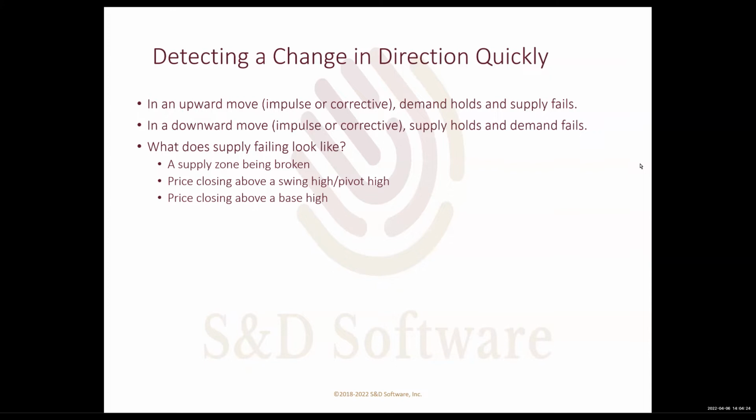And that supply and demand is working together to trap price within the base. But eventually we get a leg out. And if the leg out's to the downside, that's going to eliminate the demand that was keeping price within the base. But the supply is left behind. And that's what gives us the base high.